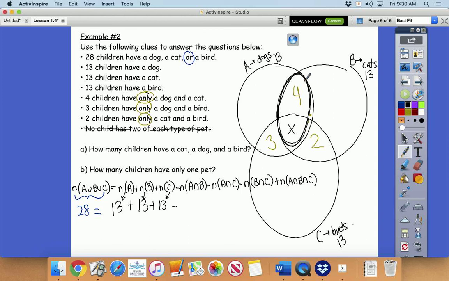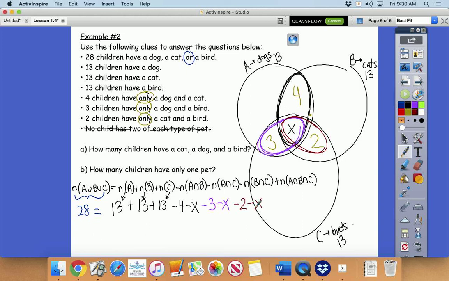That's the intersection between A, B. So we're going to have to subtract 4, and we're going to have to also subtract x for us to get the intersection between A, B. We're going to have to do that as well for the next set. So if they want the intersection of AC, we're going to have to subtract these two numbers. Okay, so we're going to have to subtract 3 and another x. And finally, in order to get the intersection between BC, we're going to have to subtract 2 and subtract x as well.